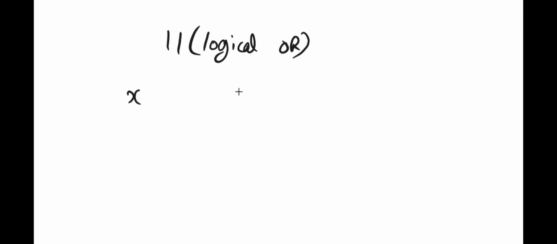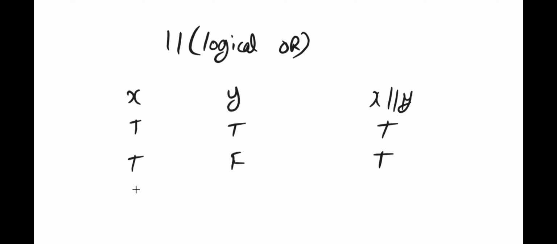And coming to OR, in this we will also have two statements. X is true, Y is true, X or Y is true. In this OR, if any one is true, the output is true.